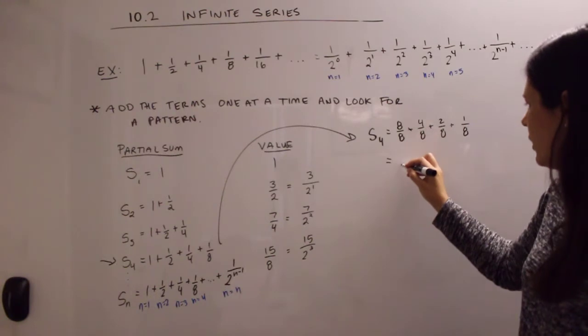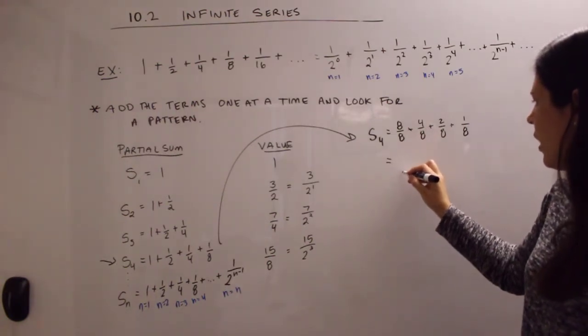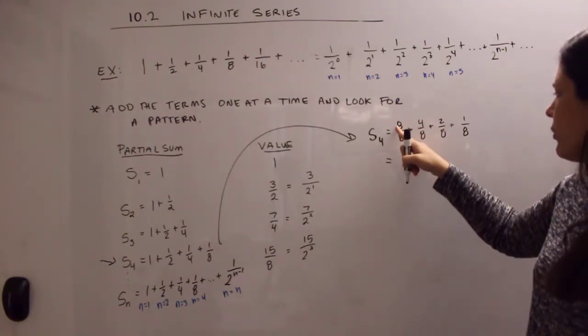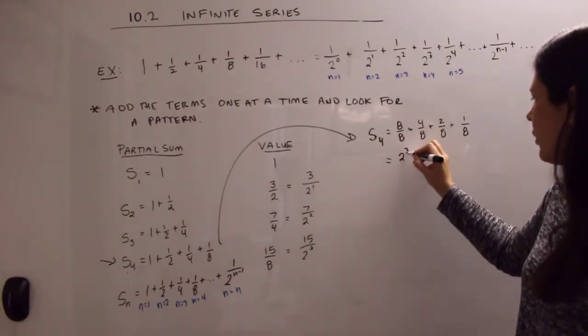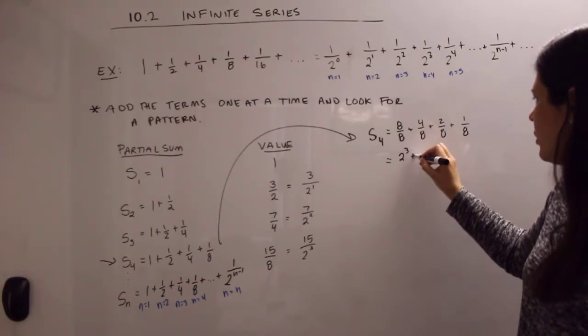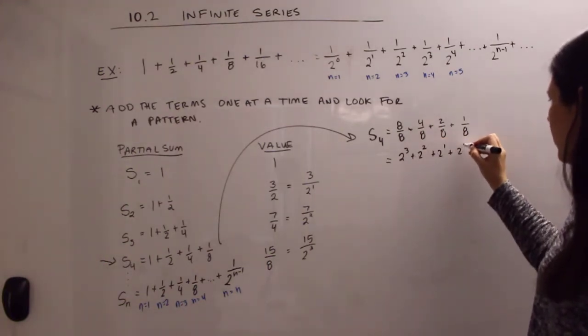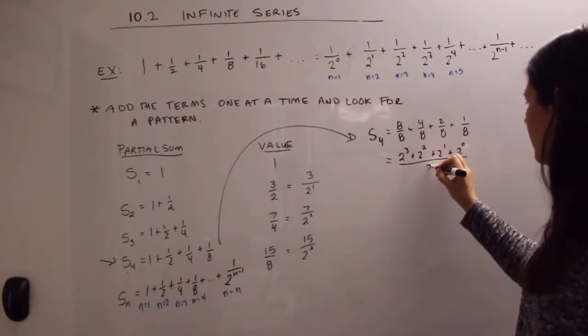Okay, so we already know that the denominator can be written as 2 to the third power in this example. Well, this is a power of 2. That's 2 to the third on top. That's a power of 2, 2 squared. This is a power of 2, and technically that is also. And those are all over the same denominator of 2 to the third.